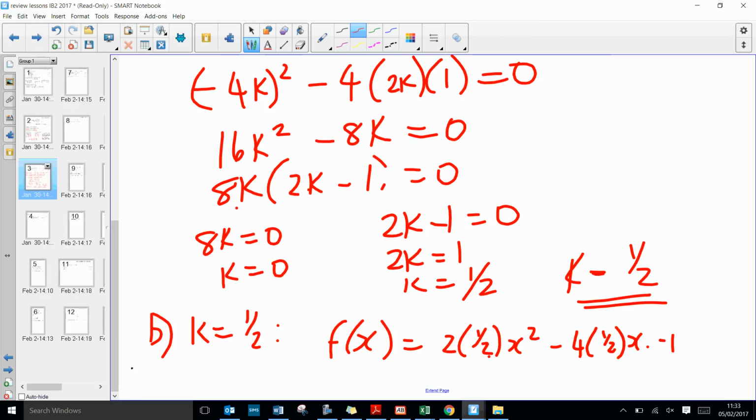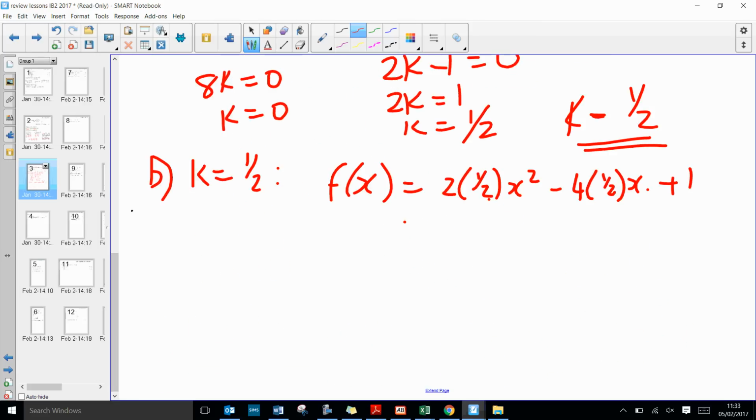So that's x squared minus 2x plus 1. The easiest way to identify what this kind of graph looks like is to try and factorize it. So we're finding two numbers that multiply to give positive 1 and add to give negative 2. So I know those numbers are both negative 1, which means it can be written as x minus 1 all squared.